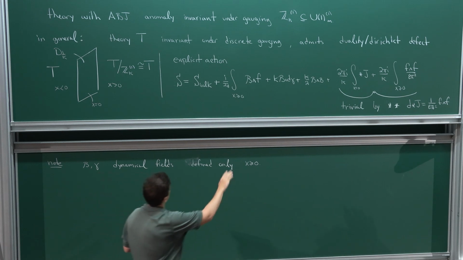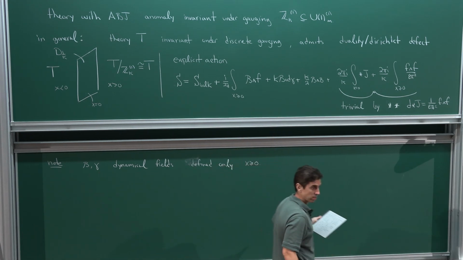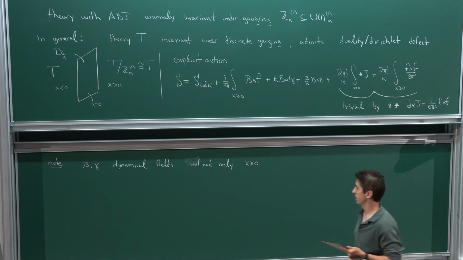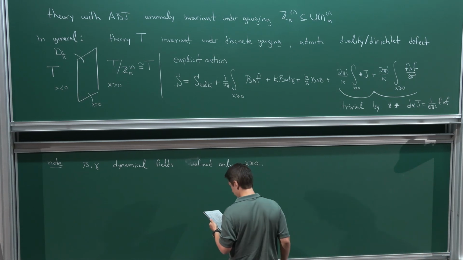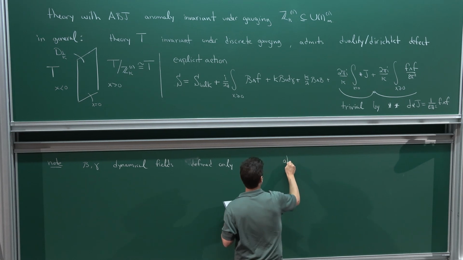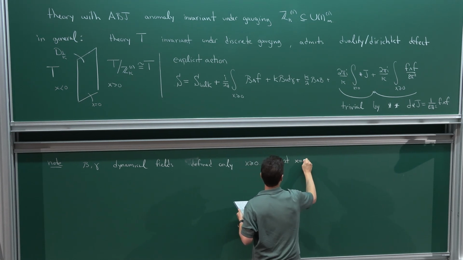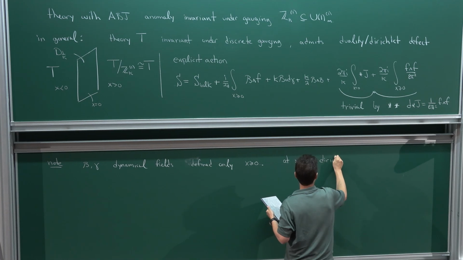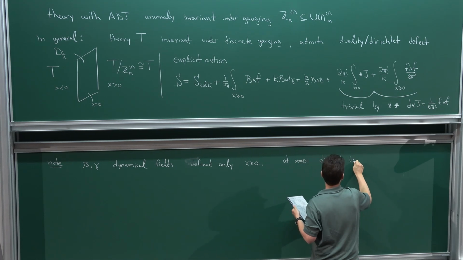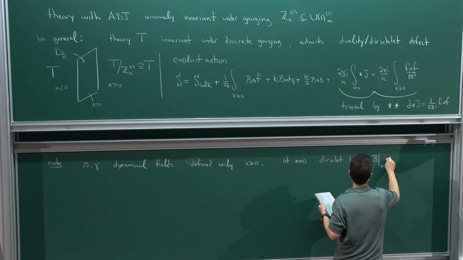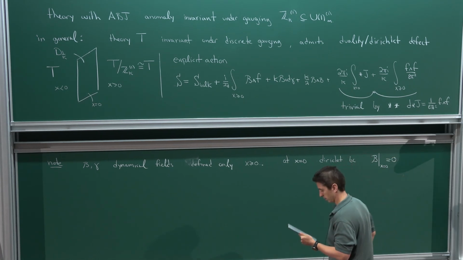Now that's a region with a boundary, x greater than or equal to 0. So I need to tell you what happens to these fields at the boundary. Okay? So at x equals 0, I will impose Dirichlet boundary conditions, meaning that I'll choose beta evaluated at x equals 0 to be 0.